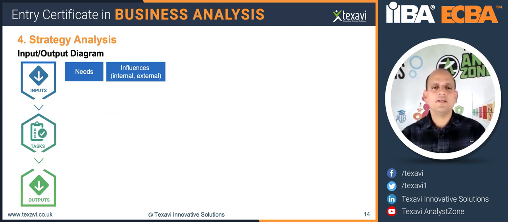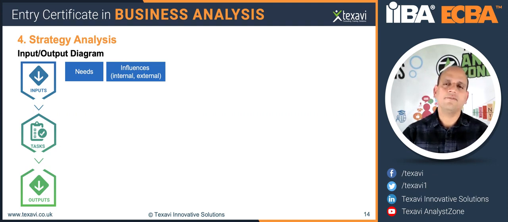So essentially, it is a tool to identify the influences both from external as well as internal, but more so from the external factors. For example, P stands for political, E stands for economic, S stands for socio-cultural, T stands for technology, how technology and the like are changing, L stands for legal, and E stands for environmental.